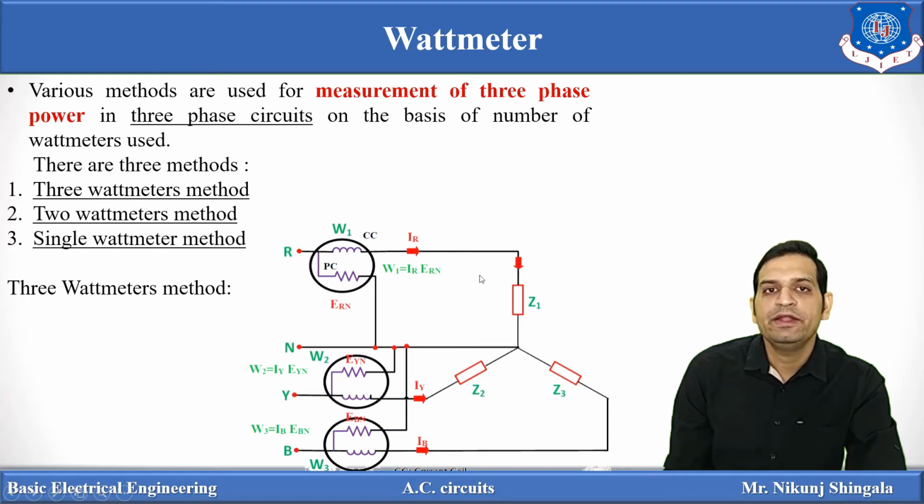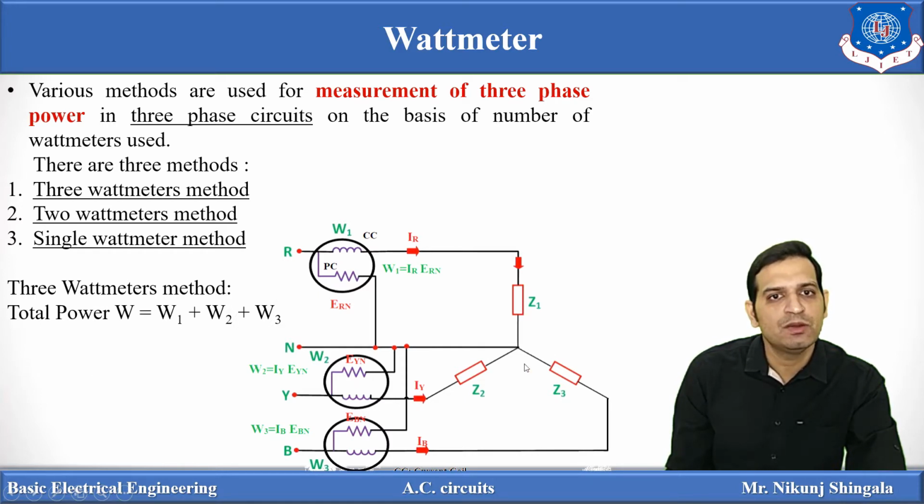Pressure coils are connected between line and neutral. So here you can see pressure coils are connected between R and N, between Y and N, and between B and N. Now the current coil will give the reading of the current, and the voltage coil will give the reading of the voltage. So the total power of this star connected load will be W1 plus W2 plus W3.